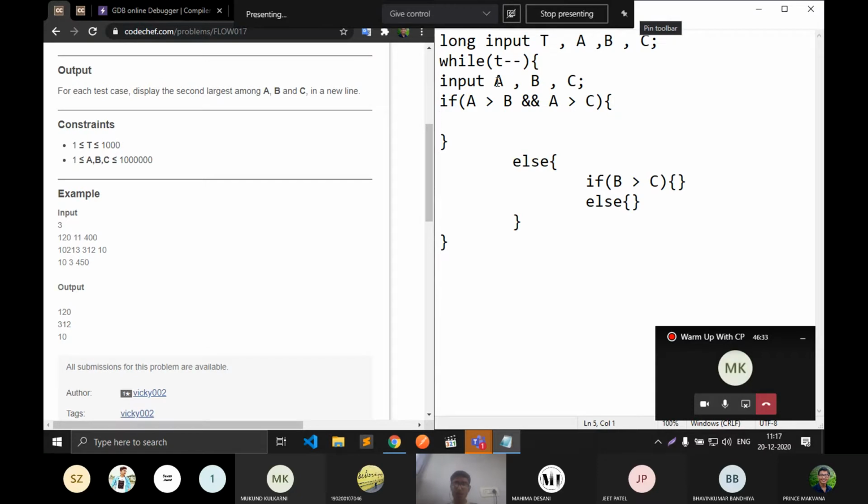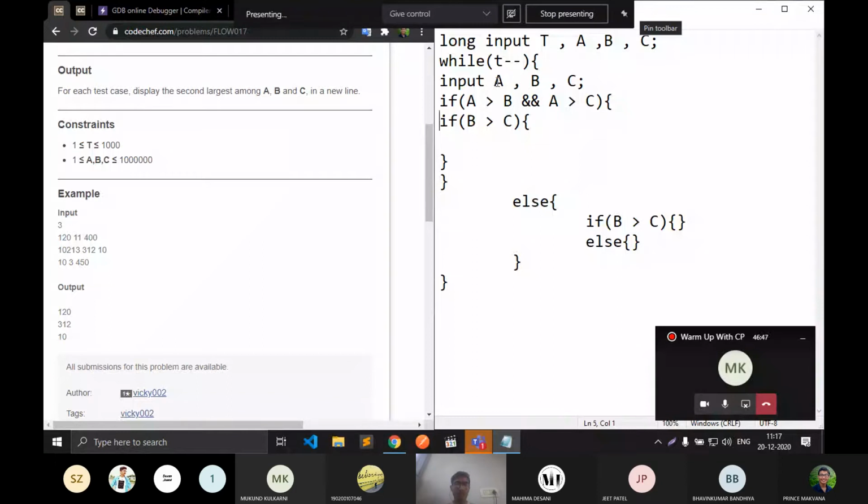If a is big, we have to check what is second. If b is more than c, then b is on the second number, so our output is b.